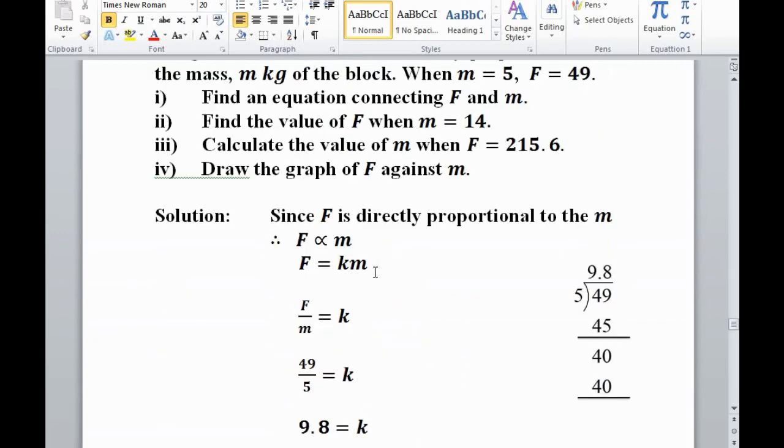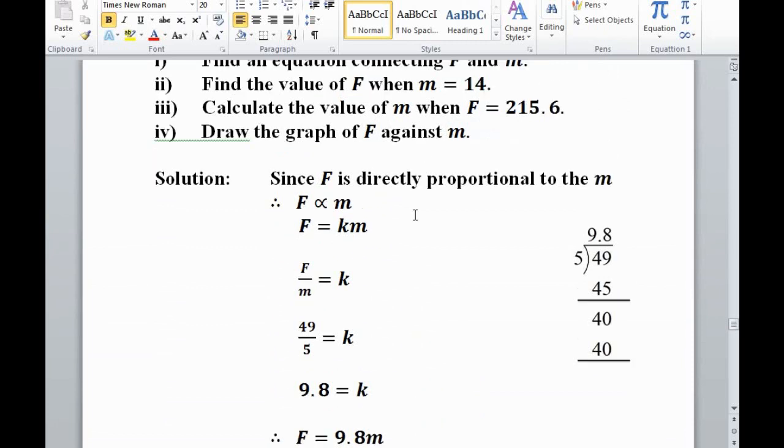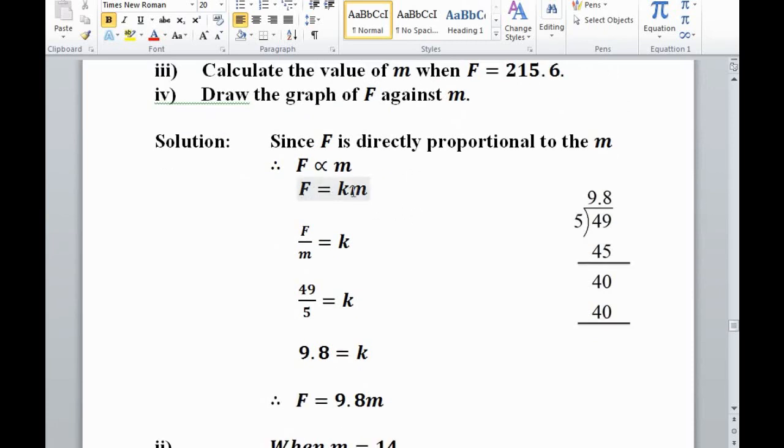Now the third part of the question is to calculate the value of mass m when force F is 215.6 newton. So once again we are going to use the equation F equals constant k multiplied by mass m.